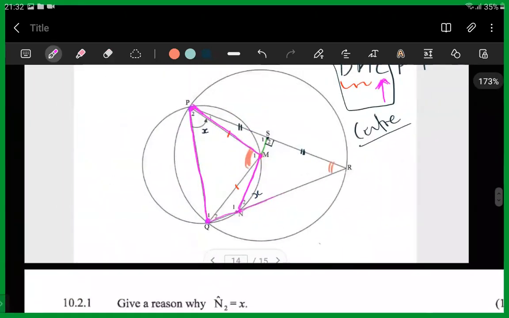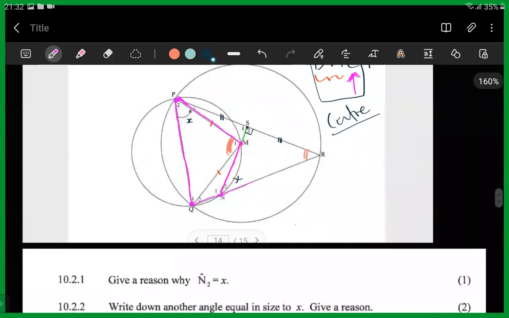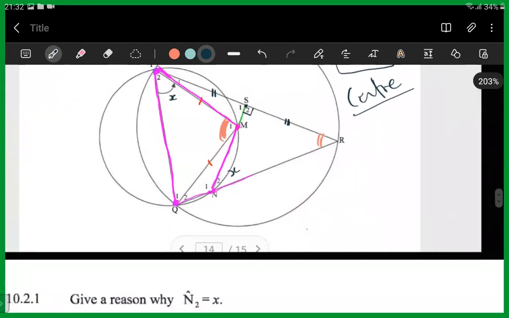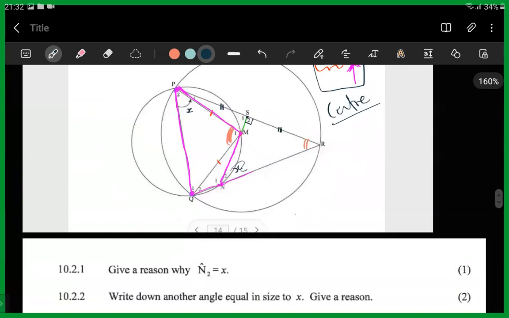They didn't ask for the size. They're asking why is N2 equal to X? How do you put it in words? I can't put it in words. Because the thing is, this one is just a theorem. The theorem is that N2 is an exterior angle of a cyclic quad.